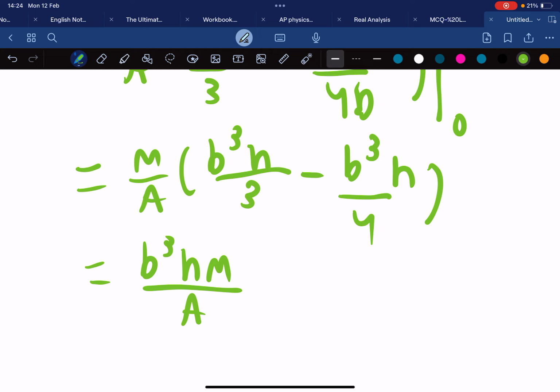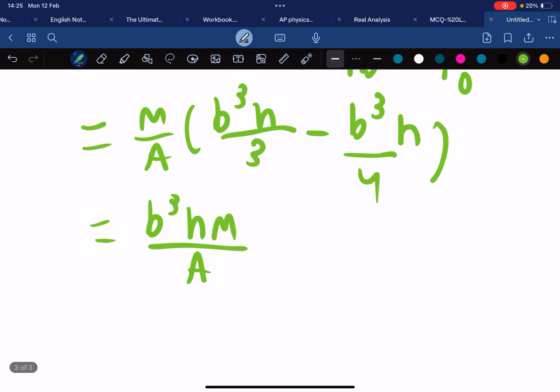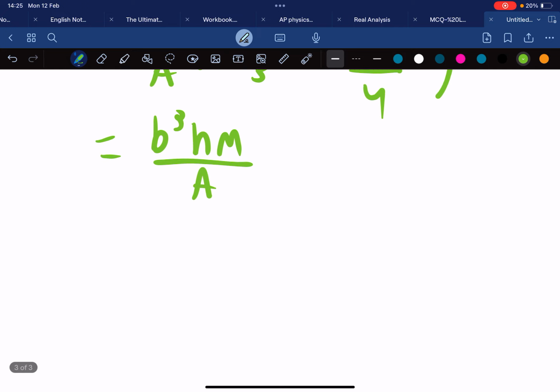But one of our directions when solving this problem was to find the moment of inertia of the object and express each answer as a number times mass times a characteristic length squared. So first, we can use the definition of mass.